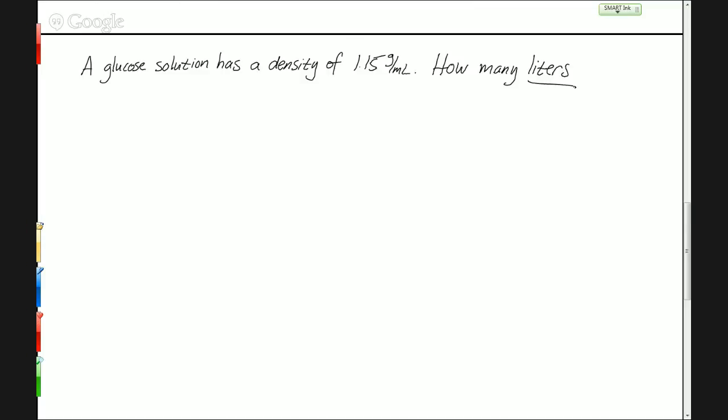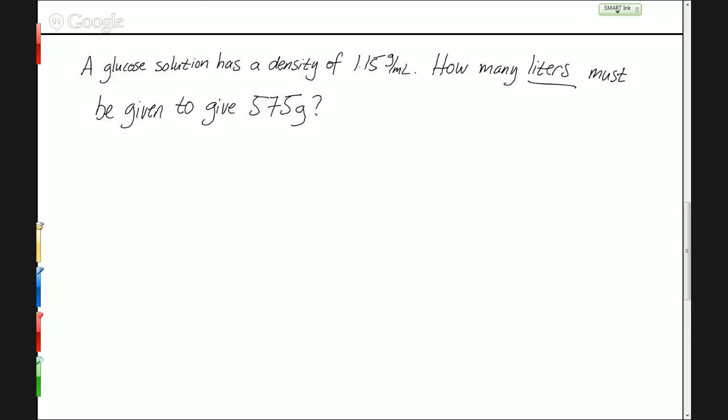How many liters must be given, to give 575 grams? So you're given density and you're given a mass. Now the question is, how many liters do we need?